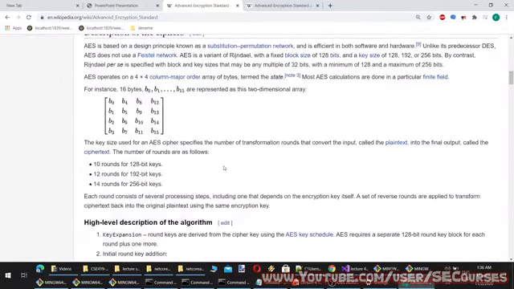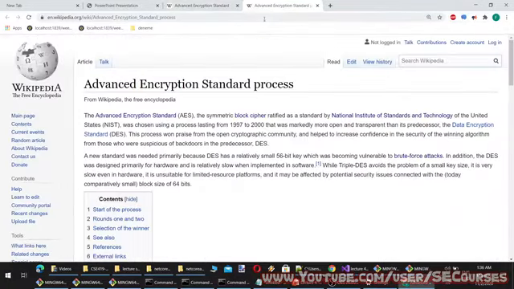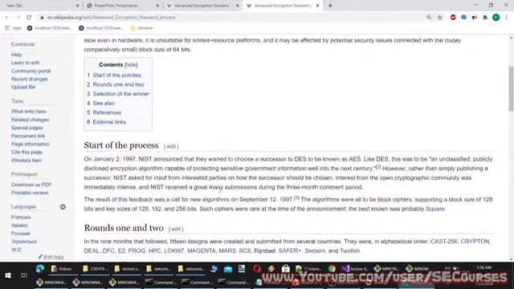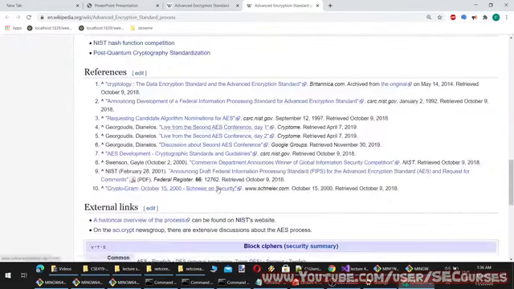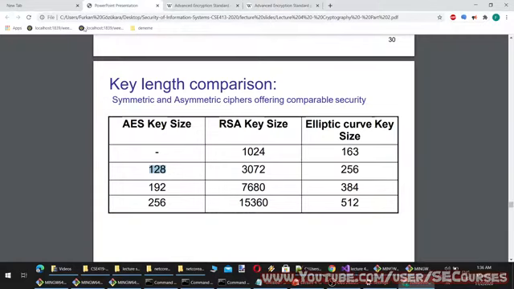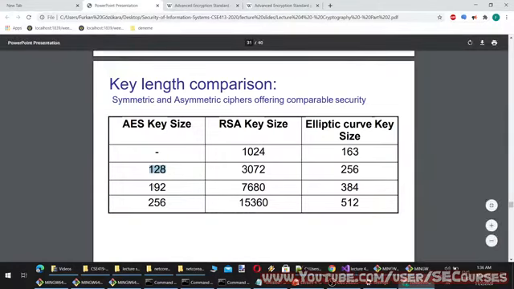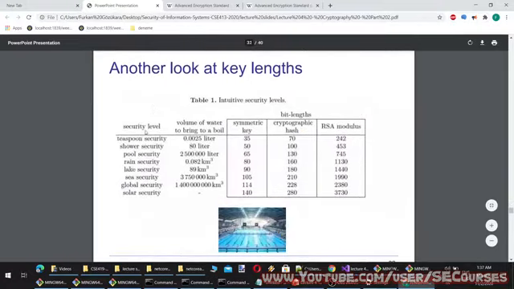Okay, so this is the standard now used, and there's also a process article that explains it. If you want to know more about it, you can read it. And you see AES is the best one. And if you look at the key lengths, these are the key sizes that provide global security and so on.